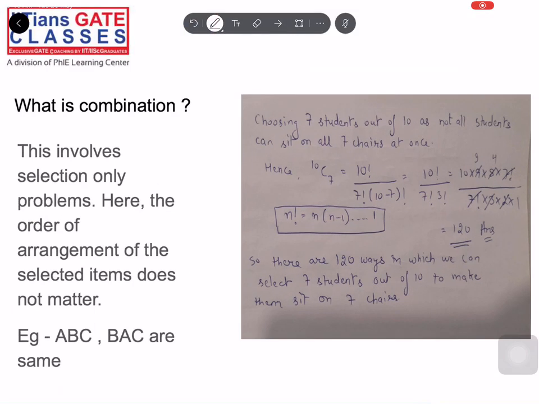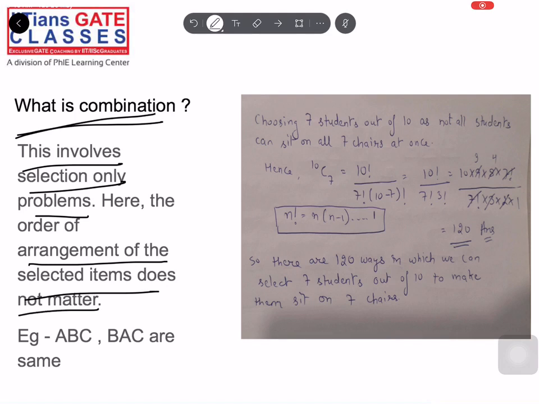So this is the detailed solution with all the explanation. What is a combination? Combination involves selection only problems, and here the order of the arrangement selected does not matter. That means if I have 3 students A, B, and C and 3 chairs, arranging them as A, B, C or as B, A, C, where the first student sitting on the first chair is B, second is A, and third is C, these two are the same.